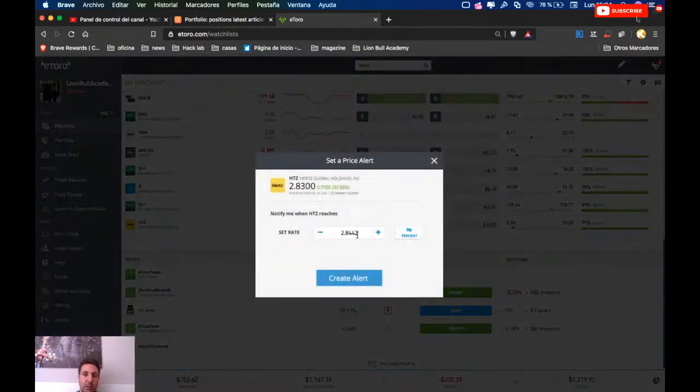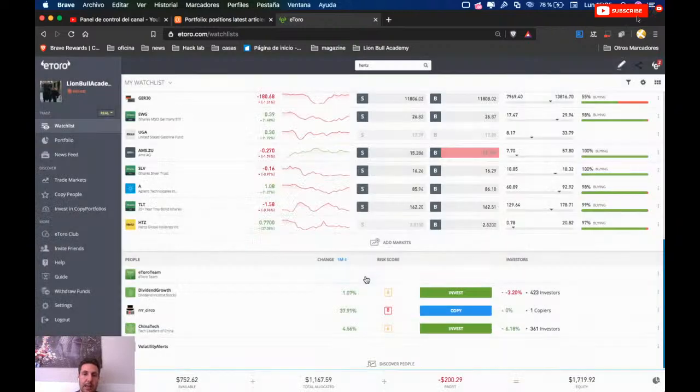Here you choose exactly where you want to put the price alert, let's say 1.98. Then create the alert. Automatically, when the price goes below or touches 1.98, an alarm will come to me and I will be able to take that trade.